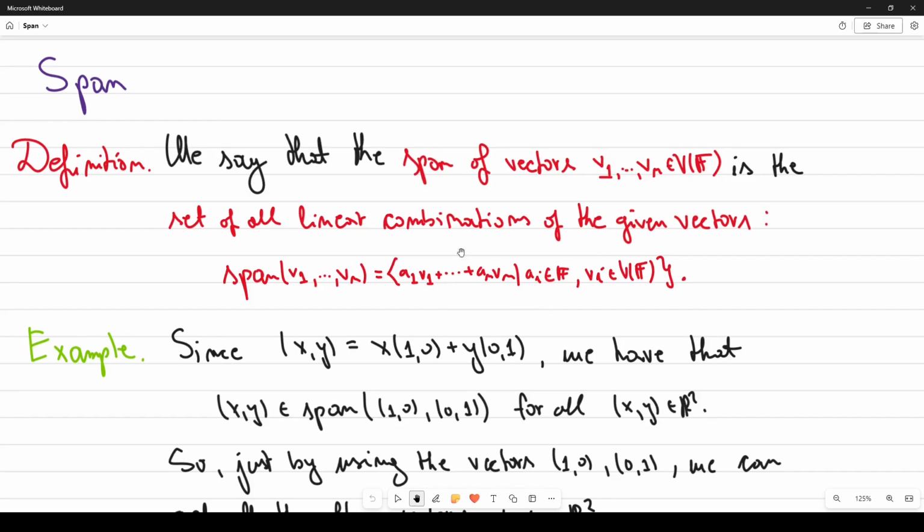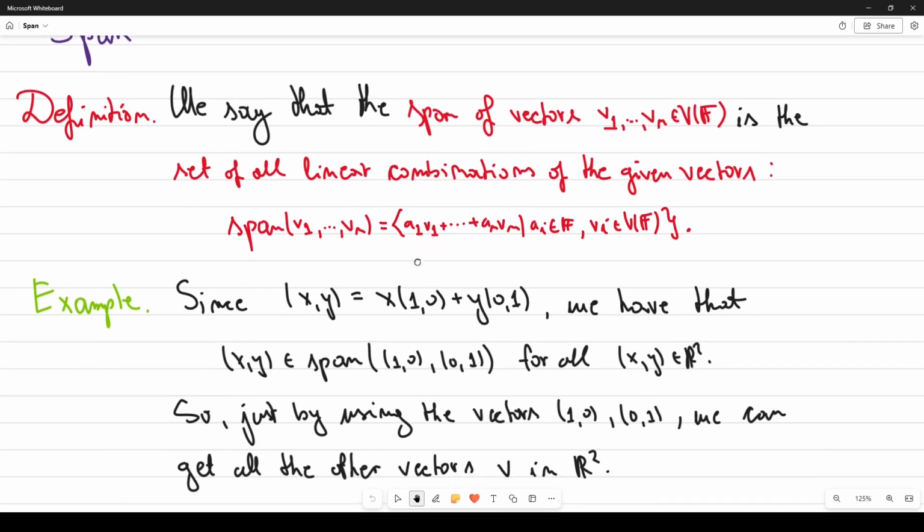Written using set notation, the span of these vectors is just equal to the set of all linear combinations of the given vectors, where the a's are scalars and the v's are vectors.